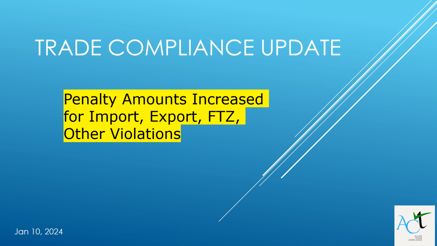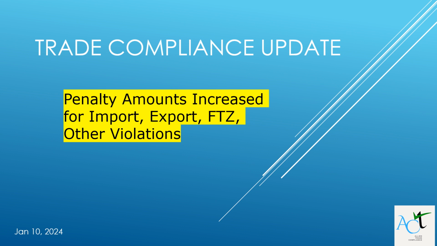For some of you that do not know, the International Emergency Economic Powers Act authorizes the president to regulate foreign economic transactions when the president declares a national emergency to deal with any unusual and extraordinary threat to the United States which has a foreign source.